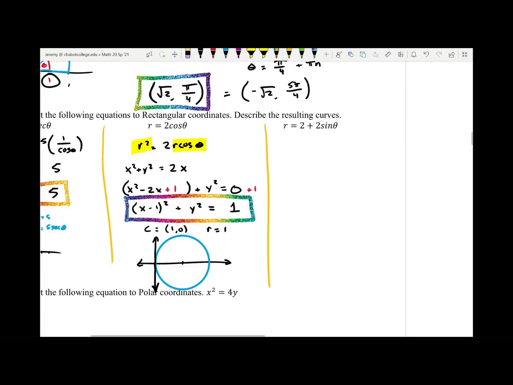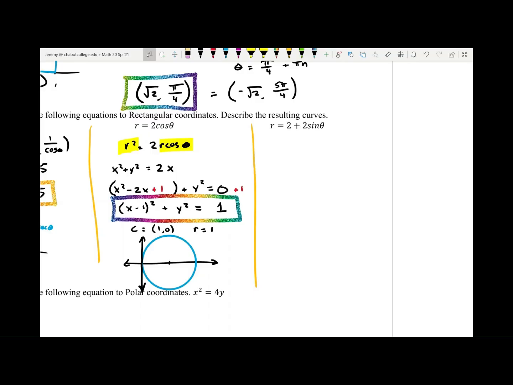So we can convert this into the rectangular coordinate system. So it's possible to express this in terms of x and y, but the equation that we get is going to be pretty bad. Okay, so this is going to be an example of a curve that is much better suited in polar coordinates. Okay, so let's see how this one works.